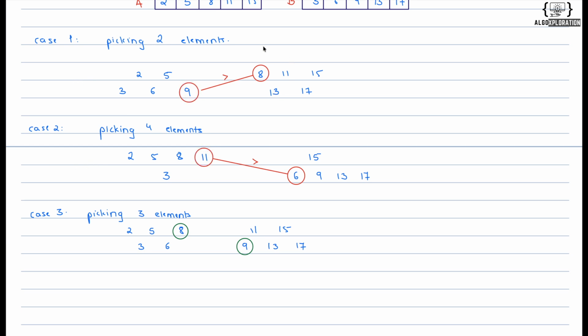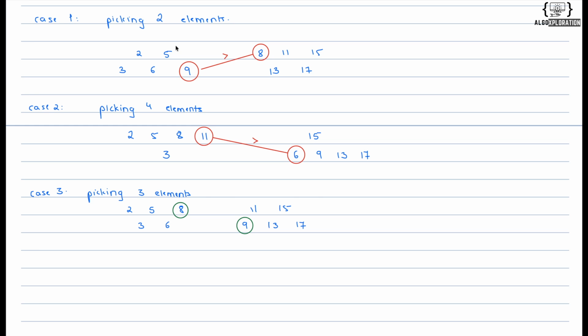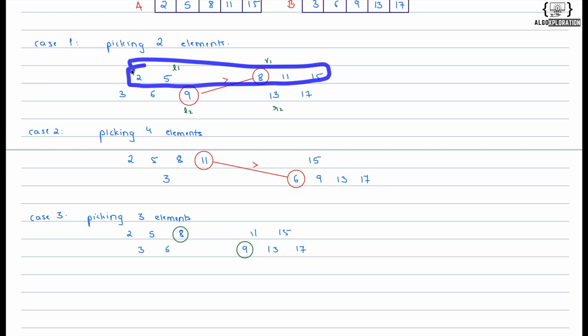Also, if you want to pick the smallest element from the second section, sometimes we are picking from array A, otherwise from array B, right? So we need to have 4 variables, which will be L1, L2, R1 and R2. Now think about it. These elements are from array A and these elements are from array B.